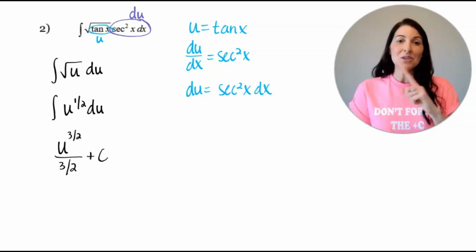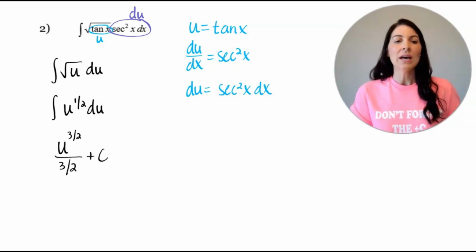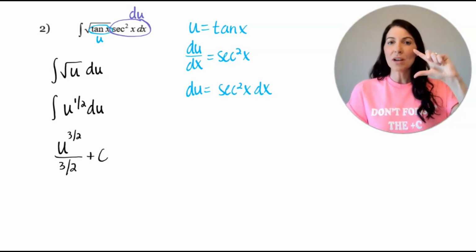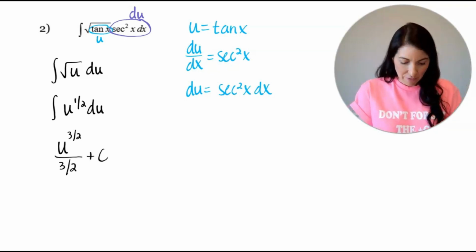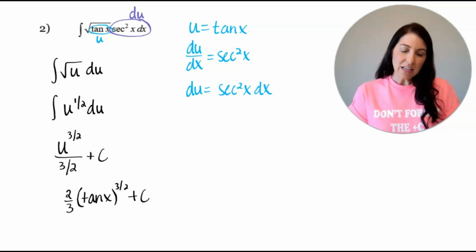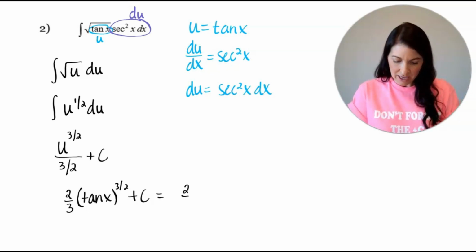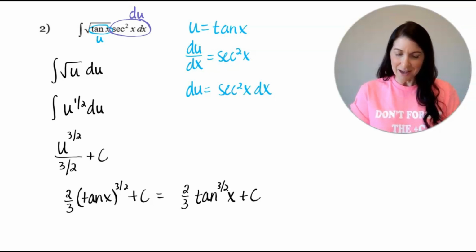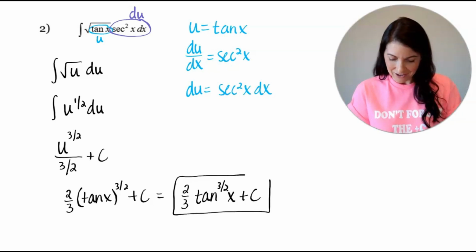We're going to substitute back in our u, and then also, instead of dividing by 3/2, I'm going to multiply by the reciprocal to give a final answer of 2/3 times tangent of x to the power of 3/2 plus c. And some of you may want to rewrite this as 2/3 times the tangent to the power of 3/2 of x plus c. And this is my final answer.